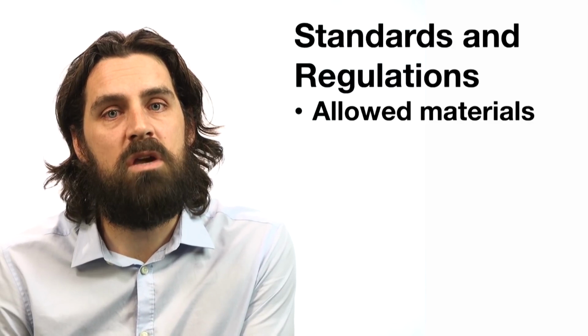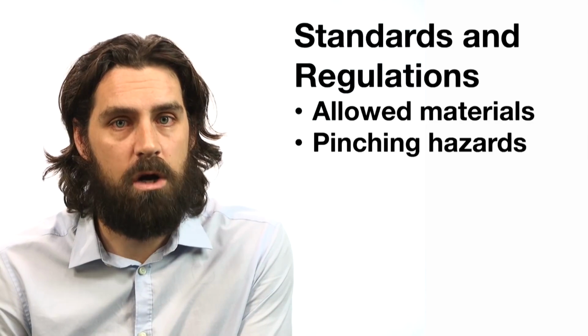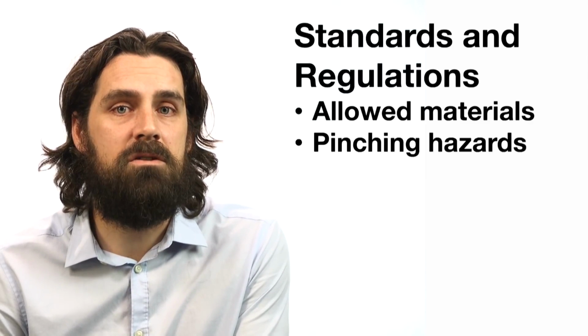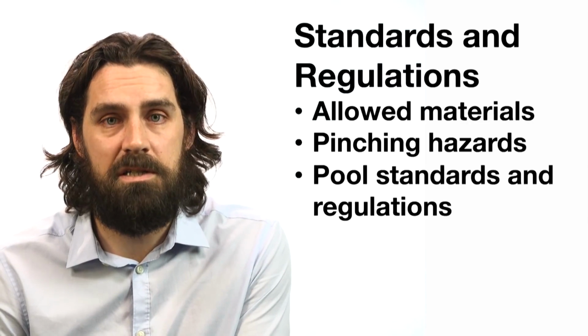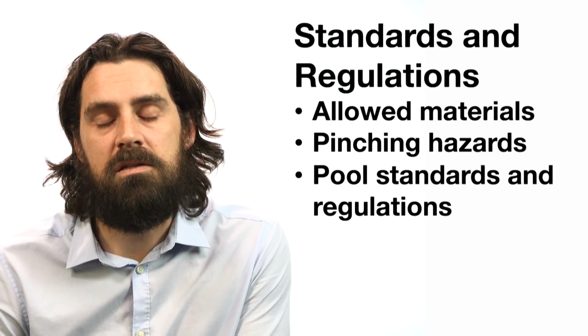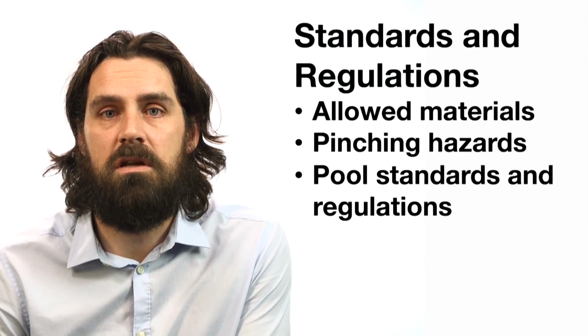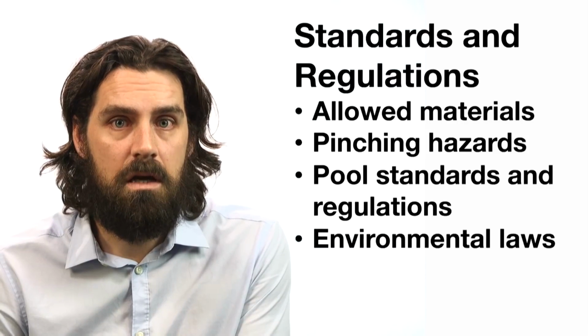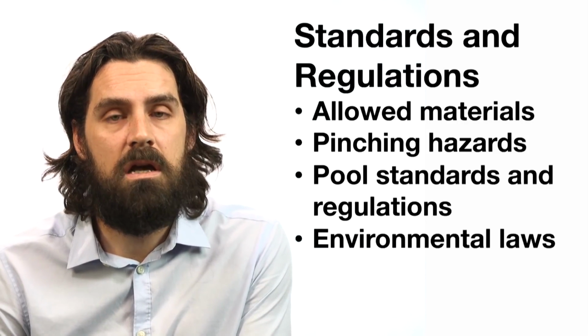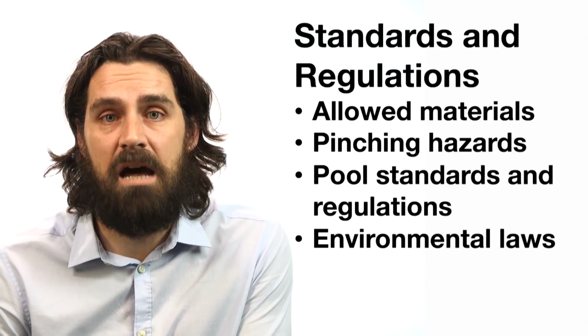Also, some regulations may govern pinching hazards for the use of water bottles. There are also standards and regulations that may have to do with the pool, such as what materials could be put near the edge of the pool. Finally, standards and regulations often present themselves in the form of environmental laws, such as those that govern what manufacturing practices could be used and also what could and cannot be disposed of.